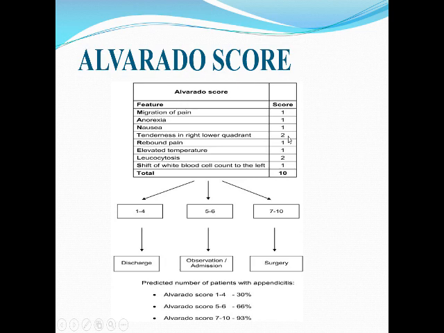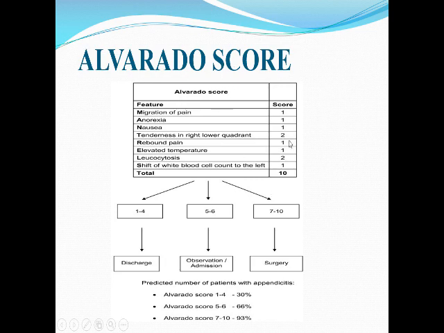If they are not present, I give them 0, and then I have the score of the patient. If the score is low, I will discharge the patient. If the score is in the middle, I will put him under observation and repeat evaluation a few hours later. If the score is between 7 and 10, I will do immediate surgery.